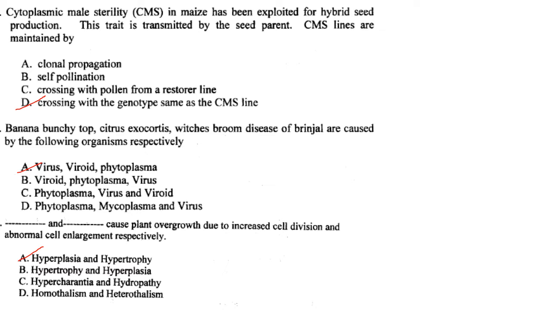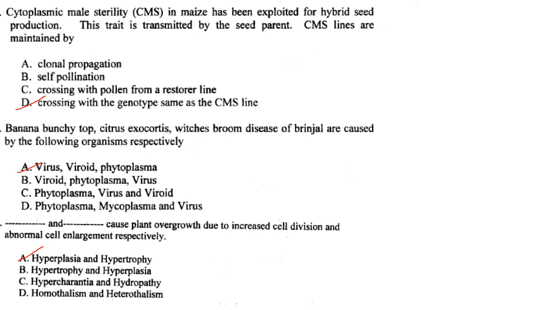And this maintainer line is genetically identical except that it possesses normal cytoplasm, that is male fertile. So the answer here is crossing with the genotype same as the cytoplasmic male sterile line. So the answer is option D.